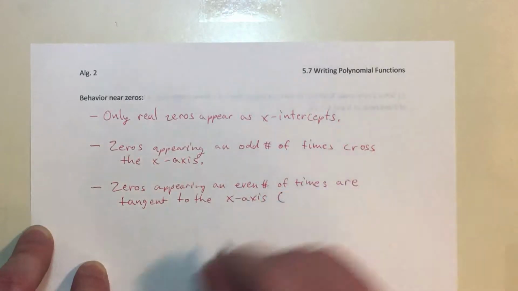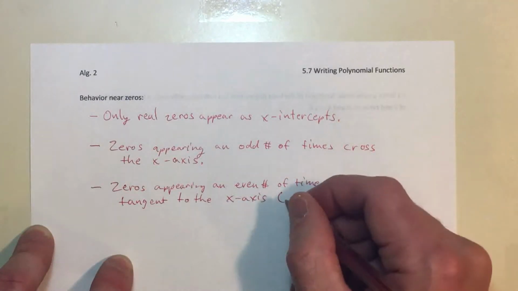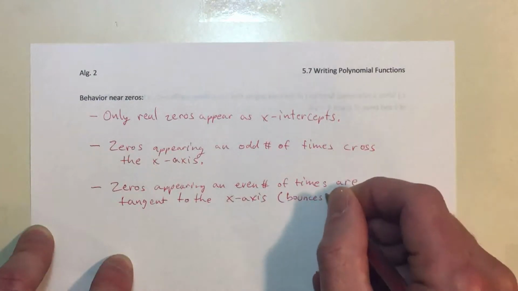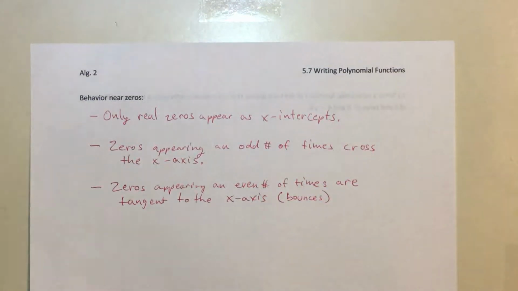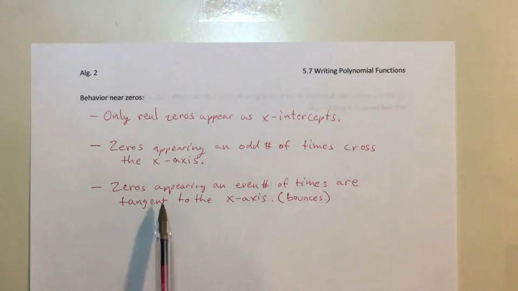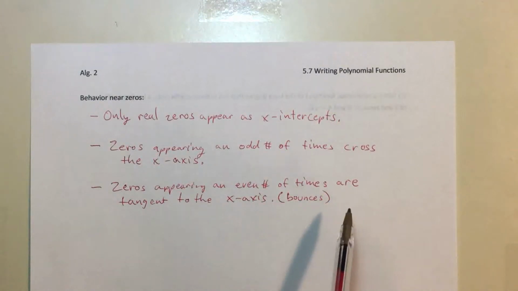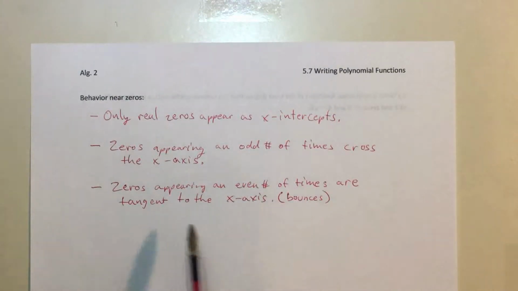And the way I think of it, it's not a mathematical term, but the graph bounces at that zero, at the x-axis there. It'll bounce. And again, it's not that the zero is odd or even, it's that the zero appears an even number of times. It's going to be tangent to the x-axis.